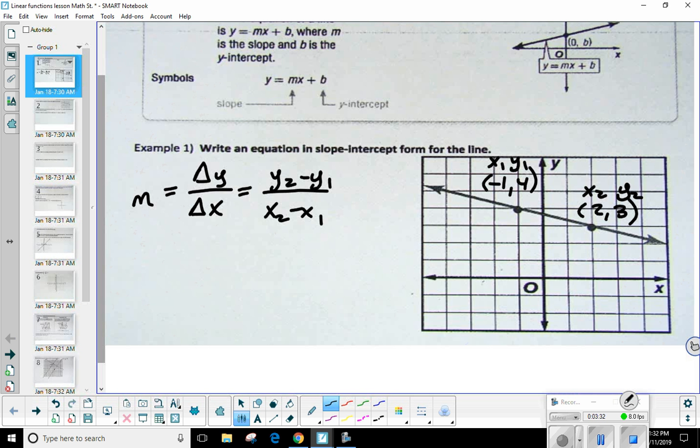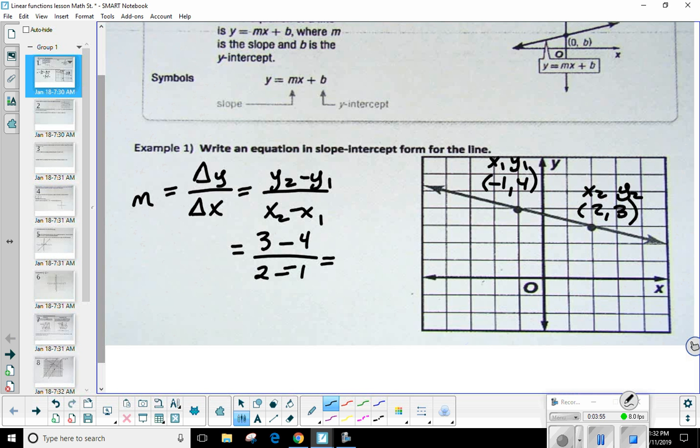So let's go ahead and plug everything in. So y2 would be 3 minus 4 divided by 2 minus -1. Now we know ultimately this should come out to what? Positive or negative? How do we know negative? There you go. And yeah, you're talking algebraically. I'm talking visually just because the line drops to the right.